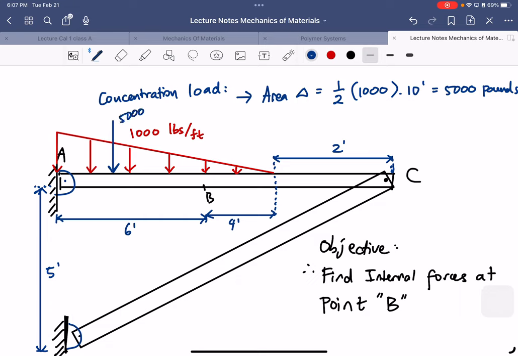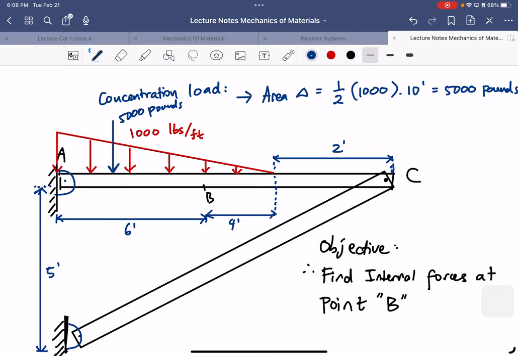But the question is how to check the distance. I mean, where should I put this 5,000? Any idea? Yeah, 1/3 from the total here, right?